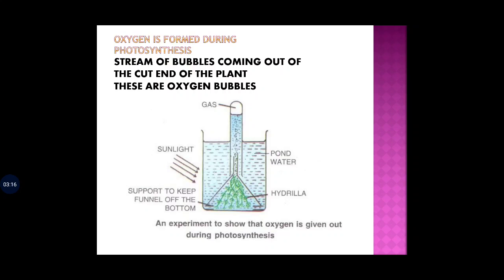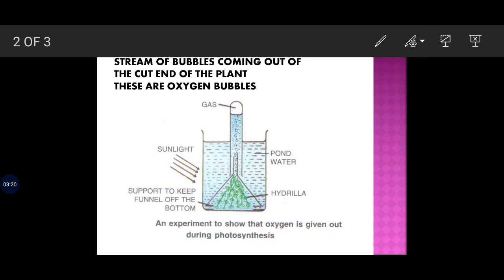For this we need a funnel, a test tube. Let me mark it out. This is the test tube, the funnel, the beaker. And what we have put into it is a hydrilla plant. See, we have selected hydrilla. It's an aquatic plant.